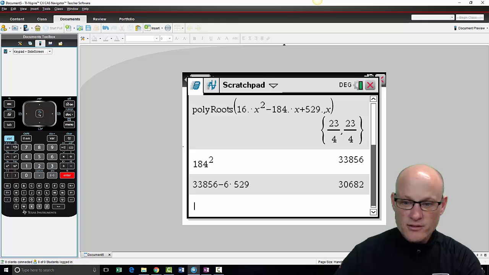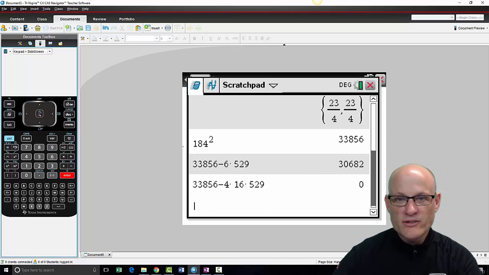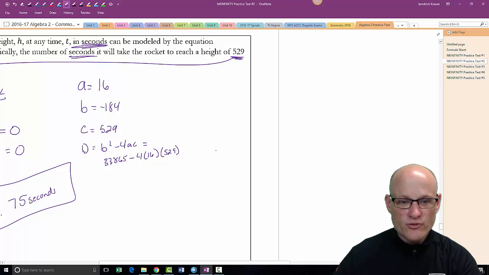You get 30,000. Oops, didn't do that right. Minus 4 times 16 times 529. That should be a much smaller number. Oh, it's 0. My discriminant is 0.